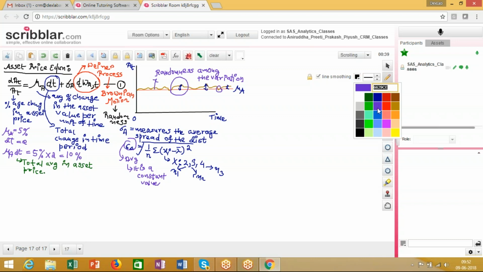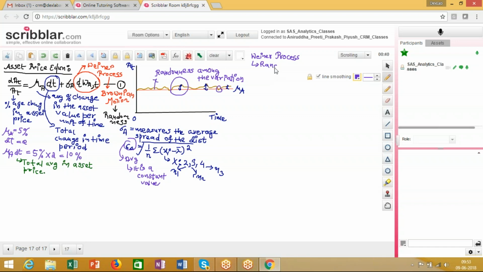W is very famously known as the Wiener process. The Wiener process is nothing but a random variable, a variable which has different outcomes associated with it.